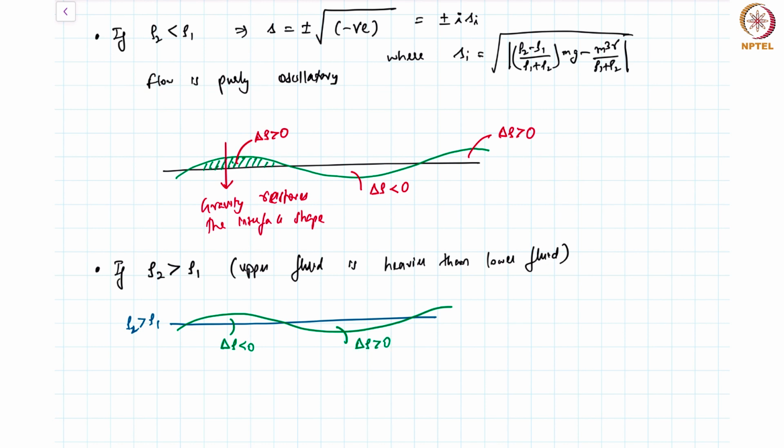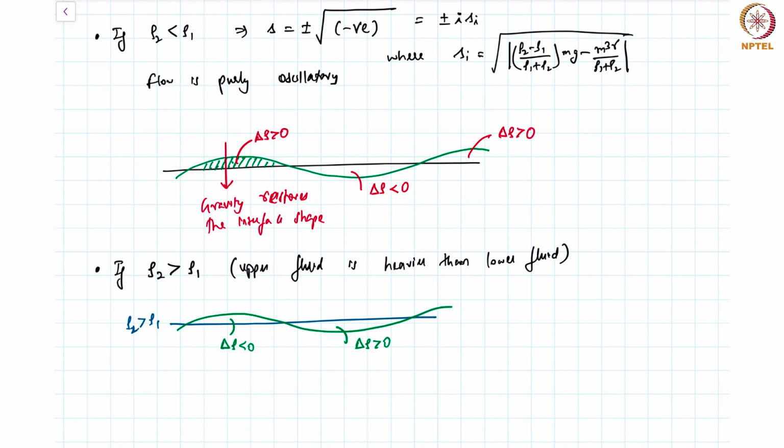So the physical explanation is that if you create a crest and a trough, the crest becomes lighter, and when it's lighter, it tries to rise up even further. The trough, on the other hand, is heavier, so it basically sinks further. So that basically is the mechanism for this instability.